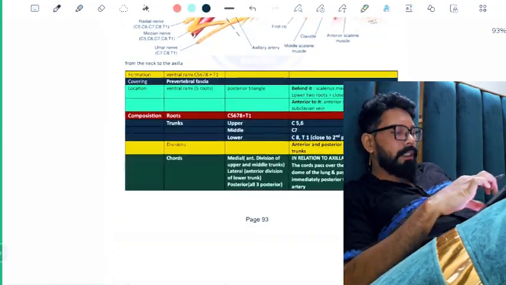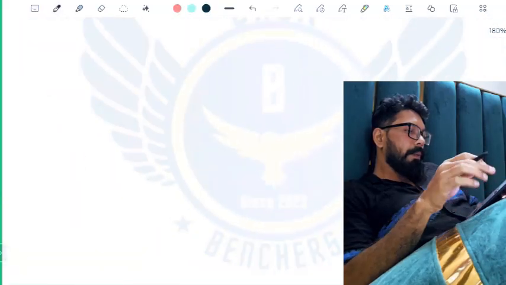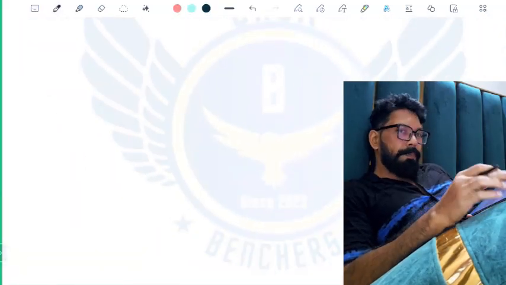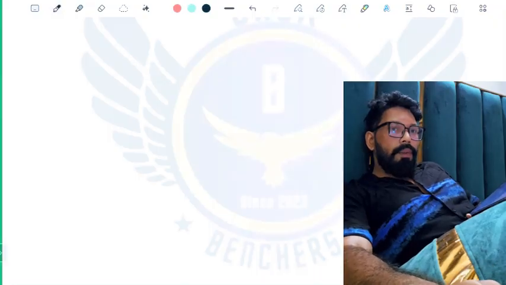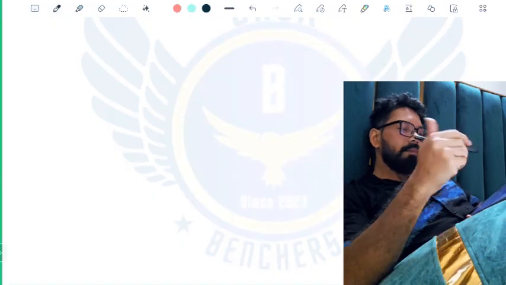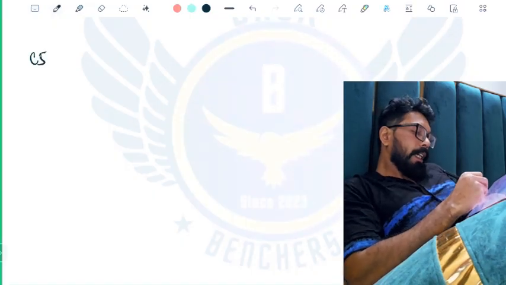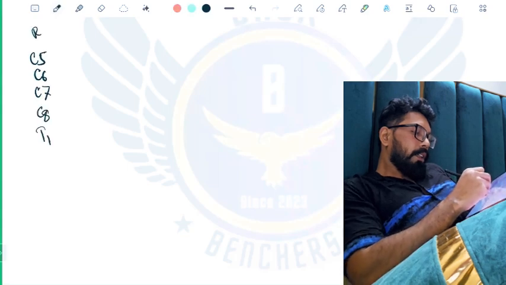Then we have the brachial plexus. Now I'm going to show you the brachial plexus. That's very simple and easy. So what happens in the brachial plexus? We have roots, trunks, divisions, cords, and nerves. So we have C5, C6, C7, C8, T1; these are the roots.